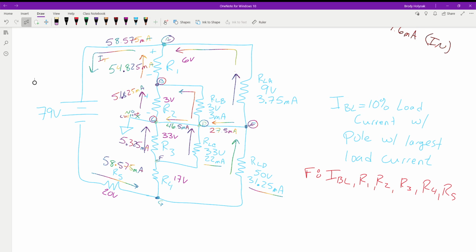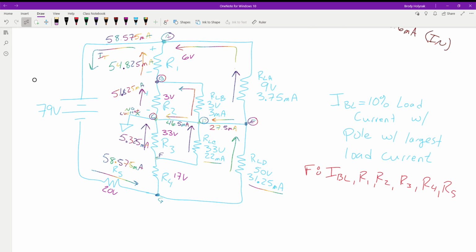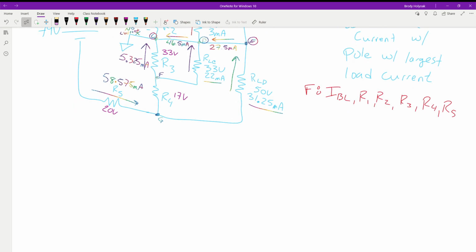We are solving for either node F or node G. Take your pick. Okay. So what do we have going in? What do we have going out of G? The number 325.